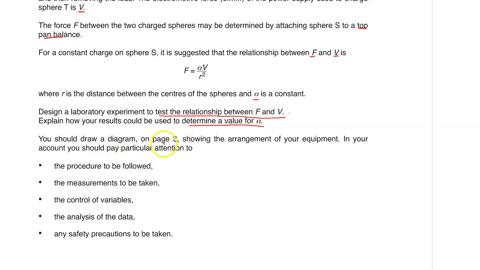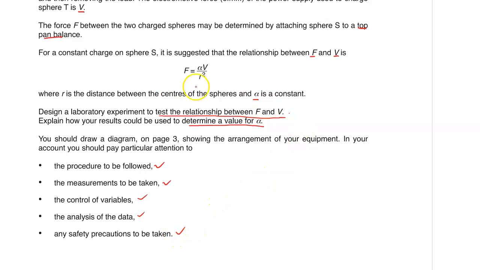You should draw a diagram on page 3 showing the arrangement of your equipment. In your account, you should pay close attention to the procedure followed, measurements to be taken, control variables, data analysis, and safety precautions, right?